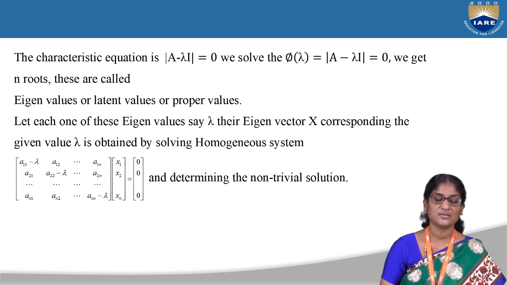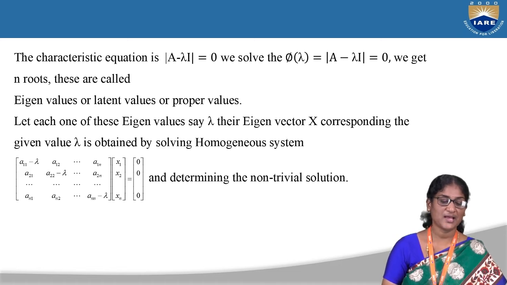We solve the characteristic equation to get the eigenvalues, which we can also call latent values or proper values. Let each one of these eigenvalues be, say, lambda. Then the eigenvector x corresponding to eigenvalue lambda is obtained by solving the homogeneous equation, that is A minus lambda I times x is equal to 0, and determining the non-trivial solution.